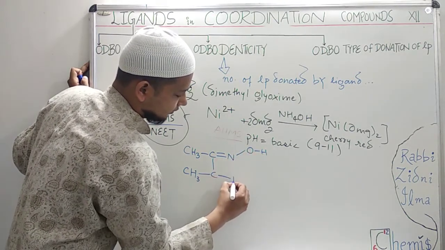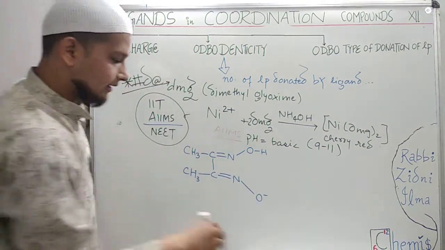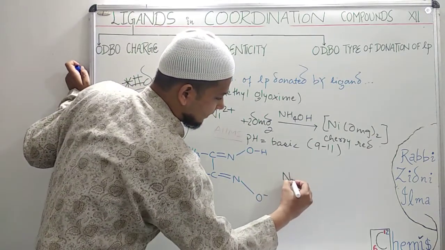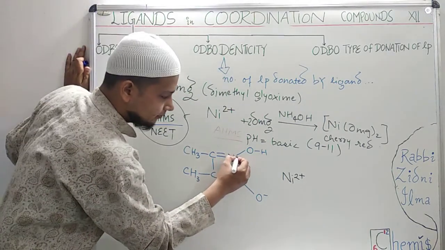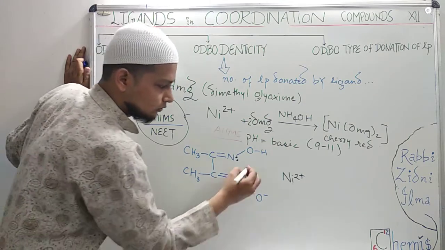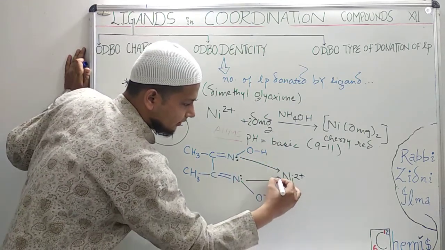Look here very closely. So this is our DMG molecule. Let us consider this our nickel Ni2+. This is our donor atom, donor number 1, donor number 2. So the donation occurs like this.